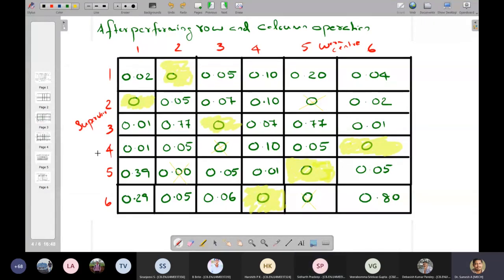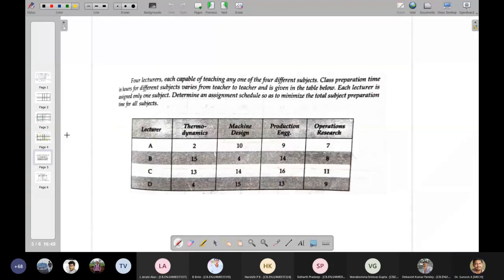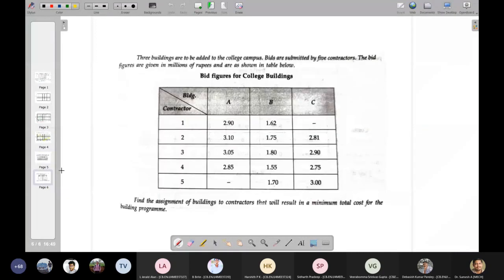You can just take a screenshot. Taken the screenshot. Please don't get confused here. Here you can see this hyphen. Hyphen indicates that it is not applicable.